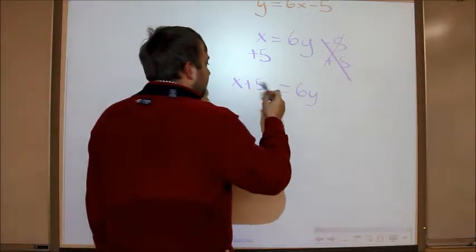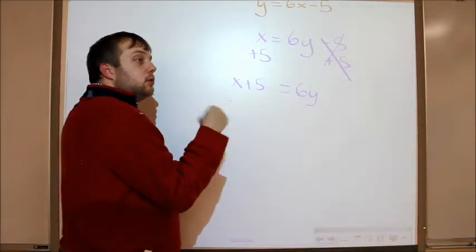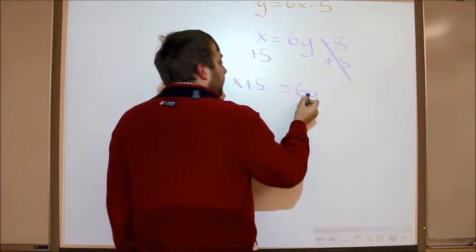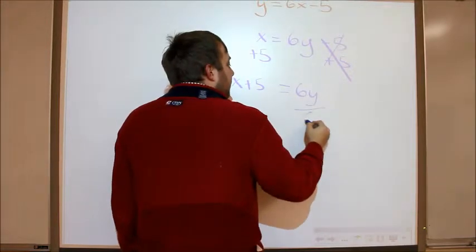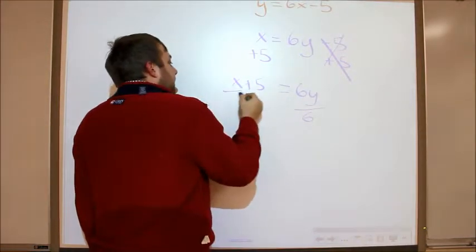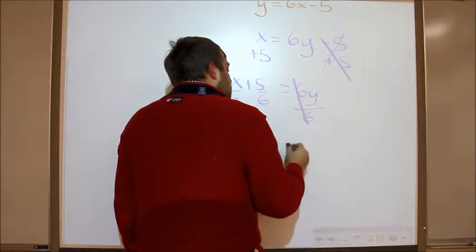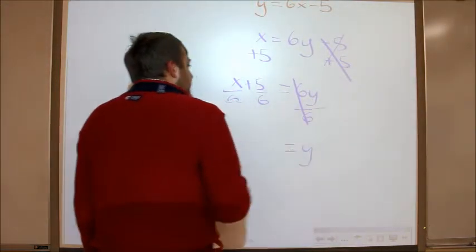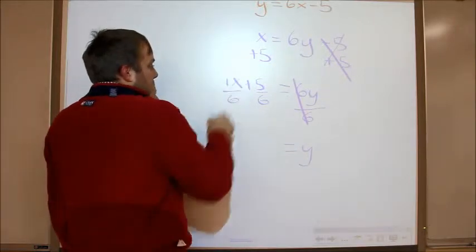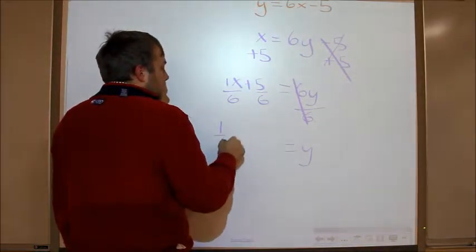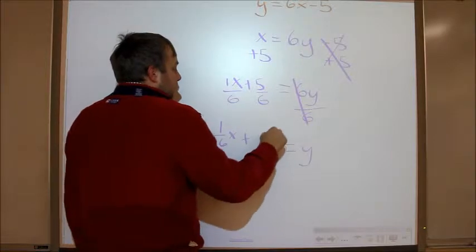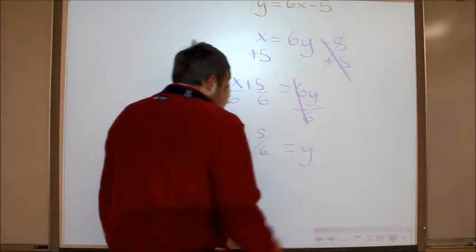You guys ready? Continue on? We all good? Okay. How do I get rid of that 6? Divide by 6. I've got to divide that by 6, and I've got to divide that by 6. I've got y equals, I remember that's a 1, right? So it's actually 1/6 x plus 5/6 equals y.